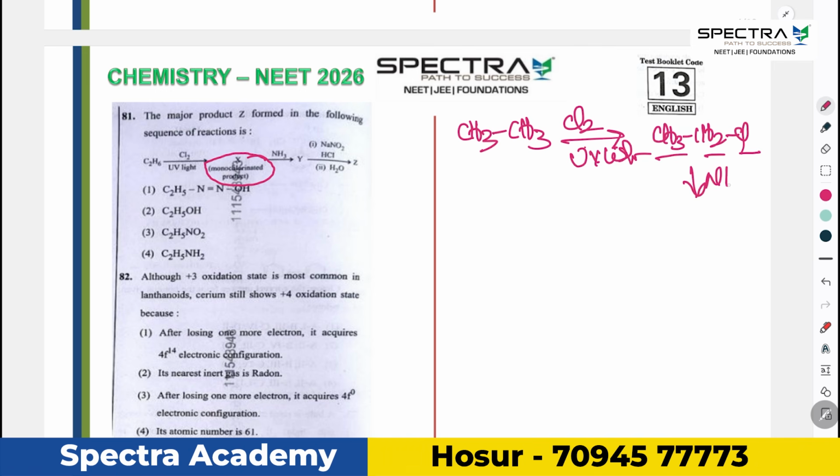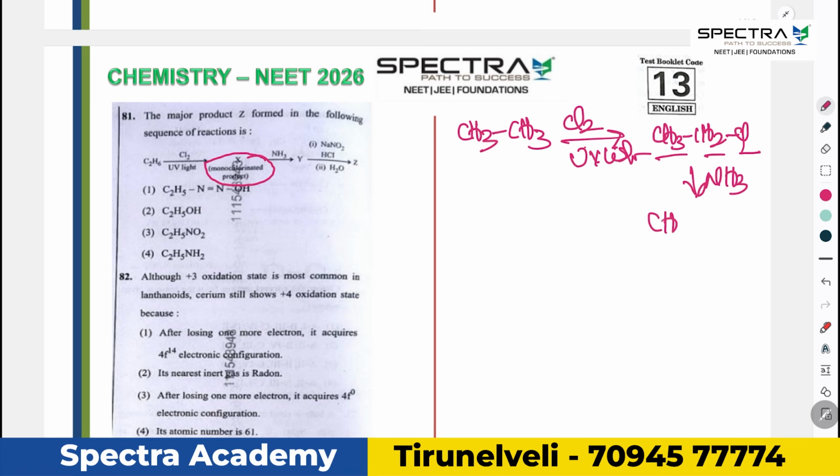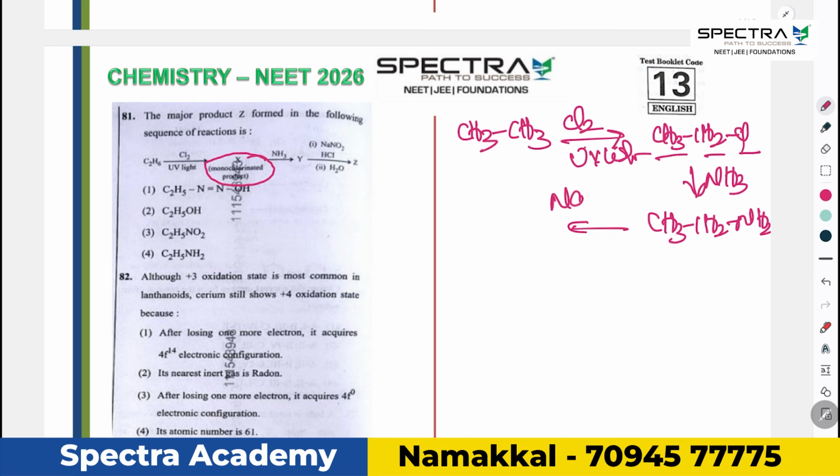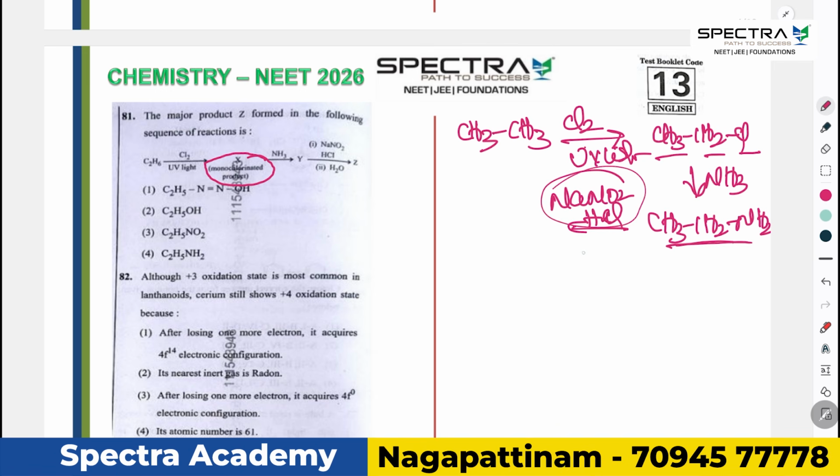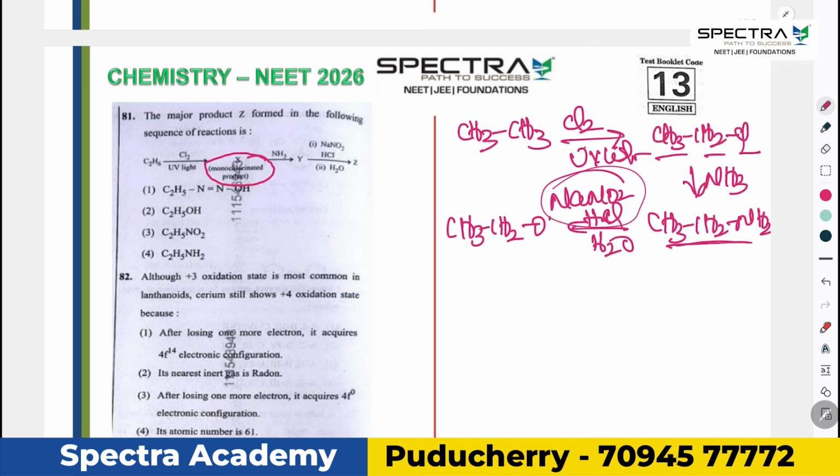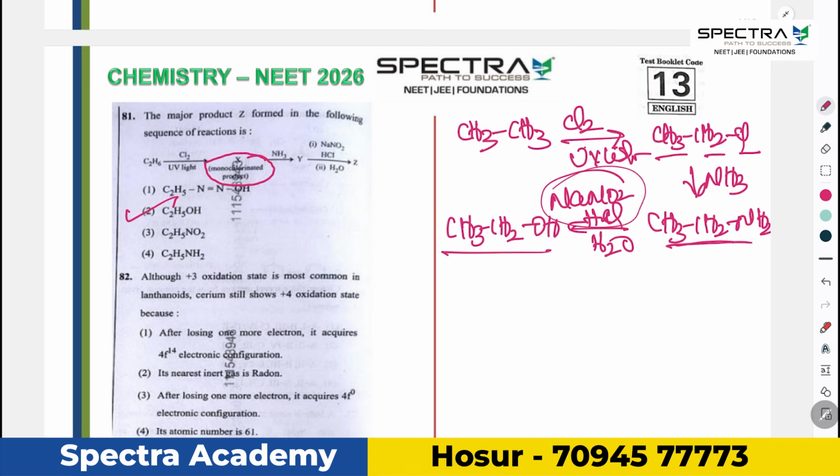You treat that with NH3, then it forms CH3CH2NH2. Then you treat that with NaNO2 and HCl. We know that aliphatic amines with nitrous acid form alcohols in the presence of water, so it forms CH3CH2OH. The option is 2, C2H5OH.